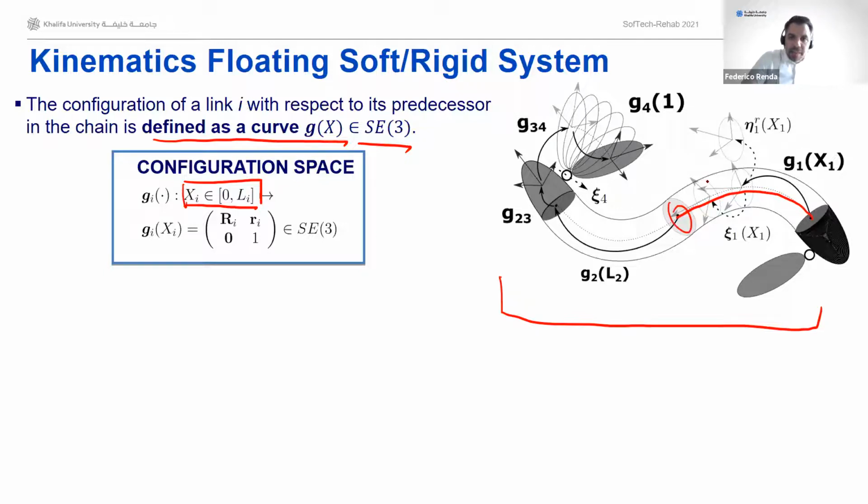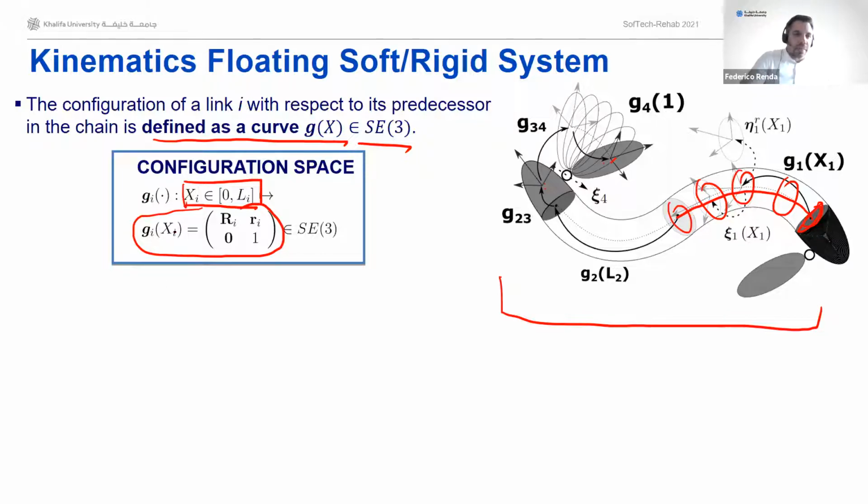So x points to the cross section of your soft link. For each cross section, an element of the special Euclidean group defines the configuration with respect to the predecessor, in this case with respect to the base, or for this link, for instance, with respect to the previous link. That's why there is this i here.